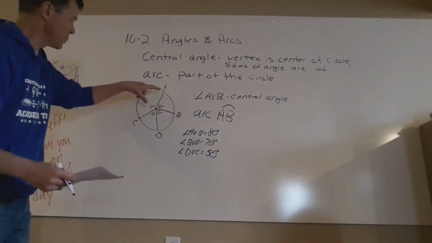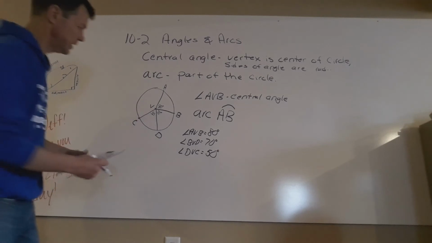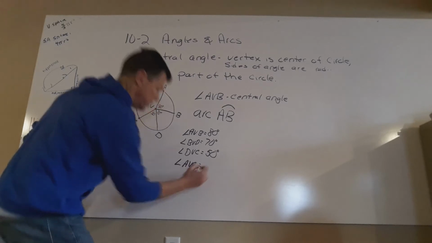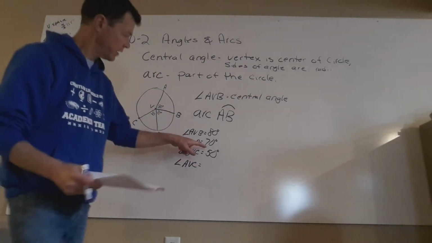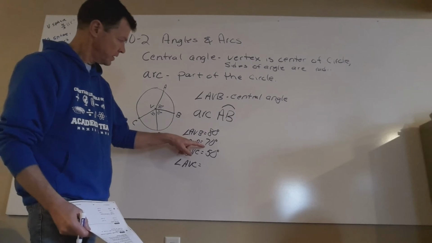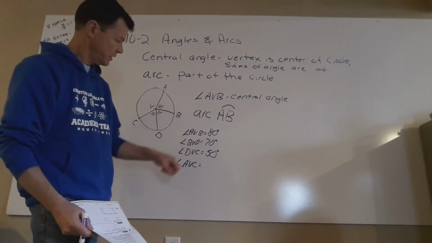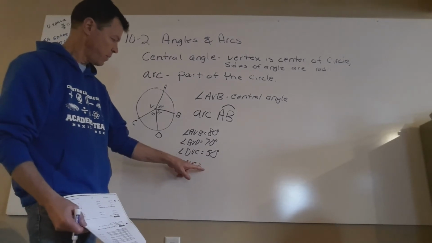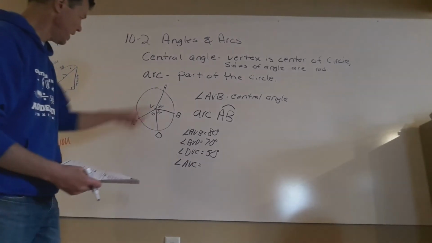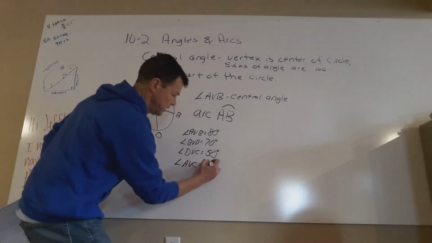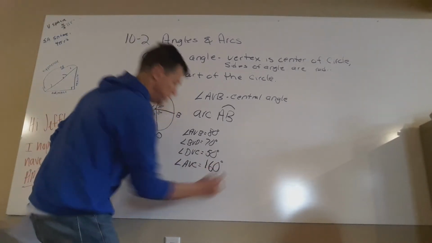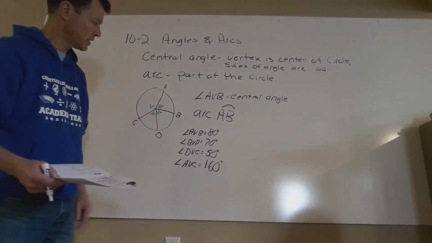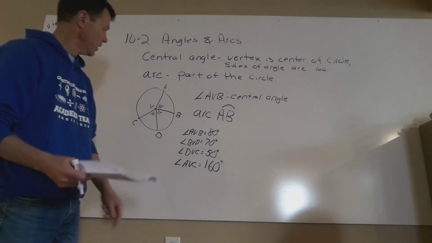And let's say we need to figure out the measure of angle AVC. Well, add these together. 80 plus 70 is 150, plus another 50 degrees is 200. So 360 minus 200, that means AVC needs to equal 160. All right, so all those angles added together would add up to 360 degrees, and so we've got that already.